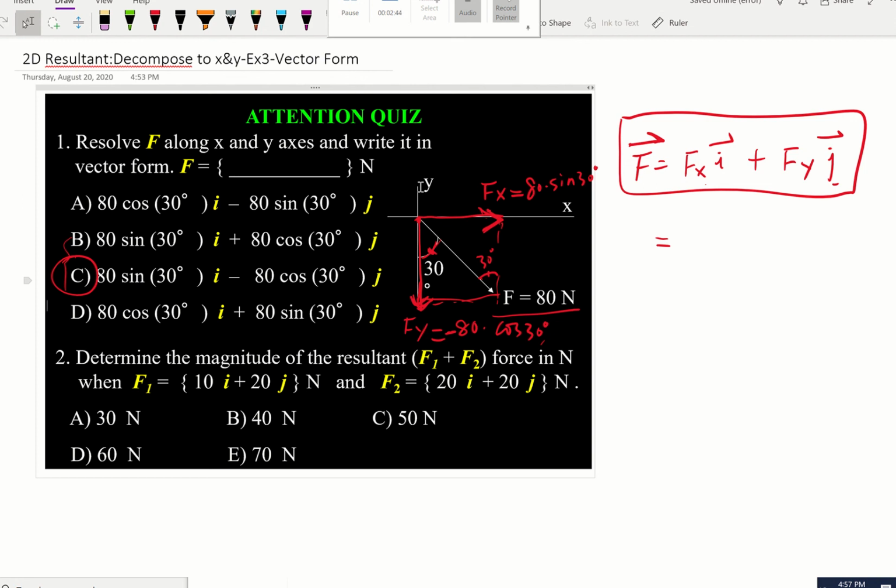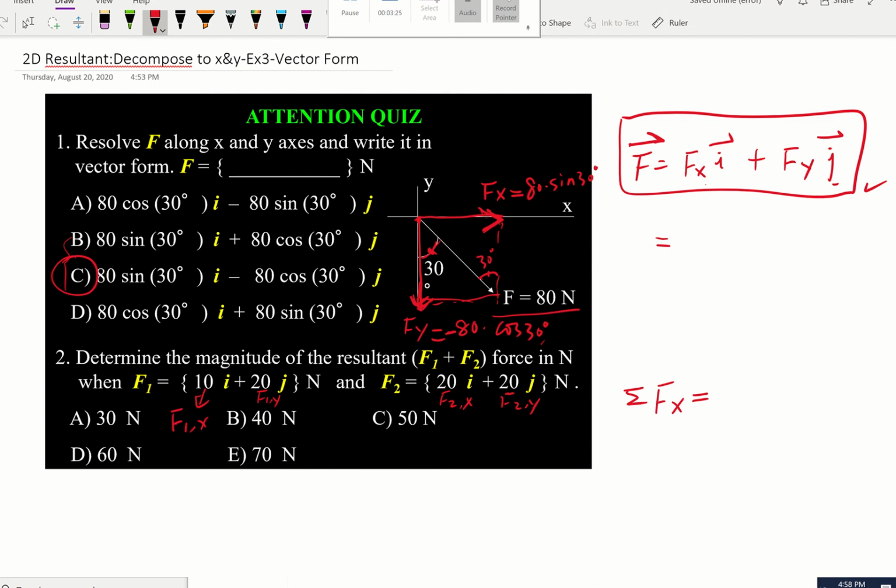Now let's look at problem 2. They say determine the magnitude of the resultant of those two forces. All right, so you have two forces, and this will be force 1, x component, and this will be force 1, y component. This will be force 2, x component, and force 2, y component, because they all originate from there. In order to find the resultant, we can simply use the concept from the decompose method.